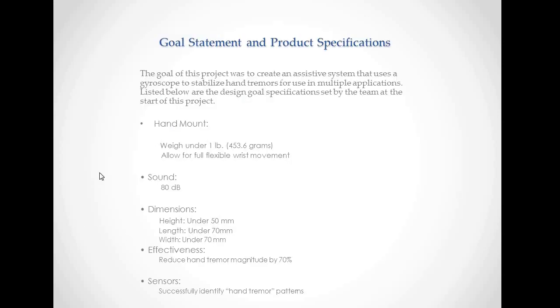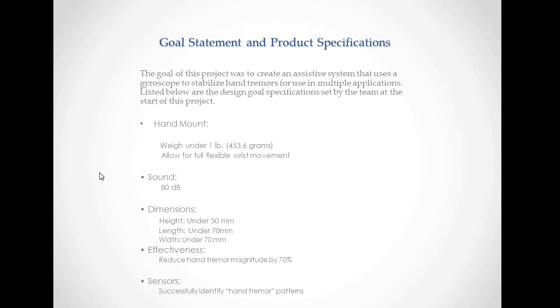So, goal statement and product specification. The goal of this project is to create a system that uses the gyroscope to stabilize hand tremors. You see the aim of this project.